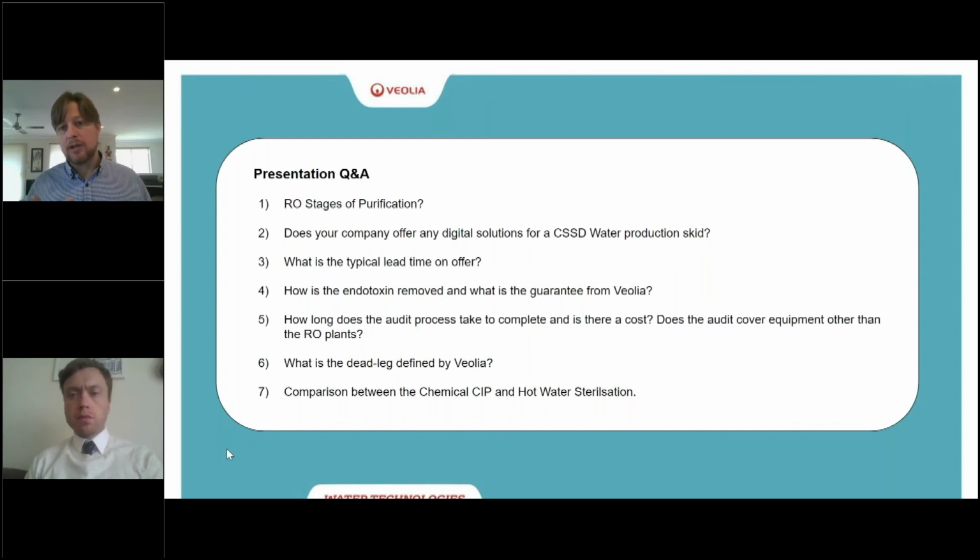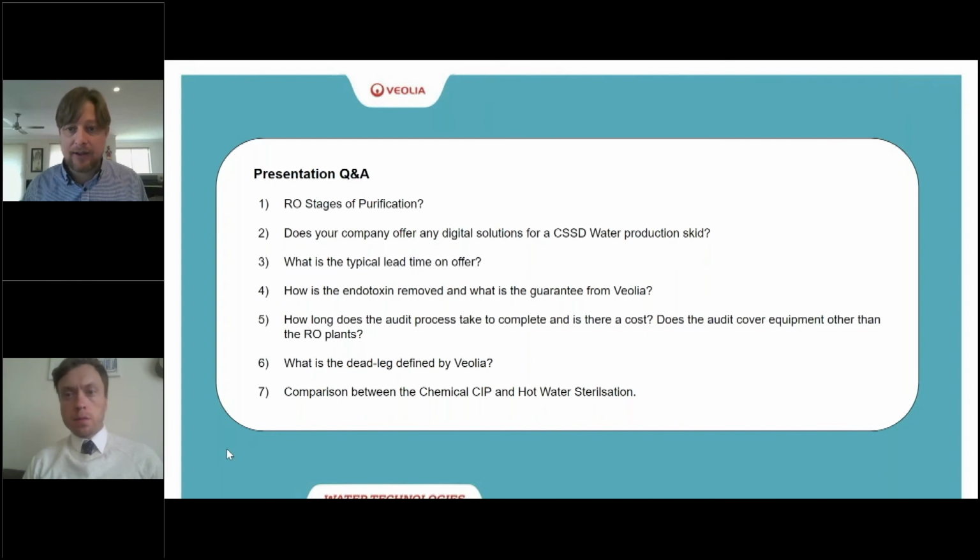The audit will cover the water treatment equipment, so we don't look at the sterilisers or washers as anything other than the final endpoint for the water. We don't look at the air quality in the rooms. We don't look at your layouts or your rinsing taps or your storage or anything like that. We just look at the water treatment supplying the CSSD.